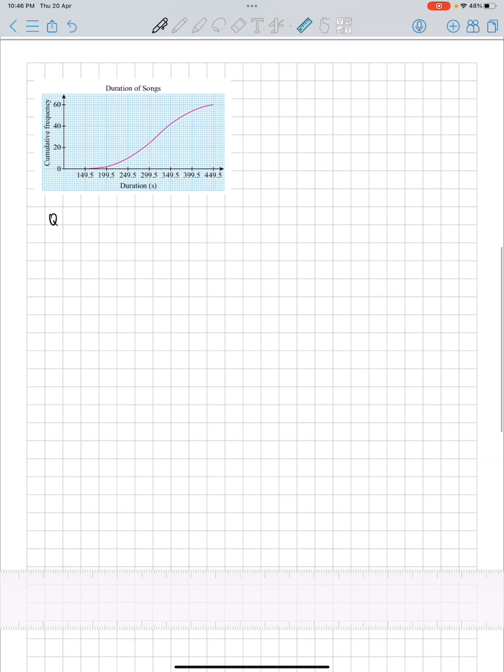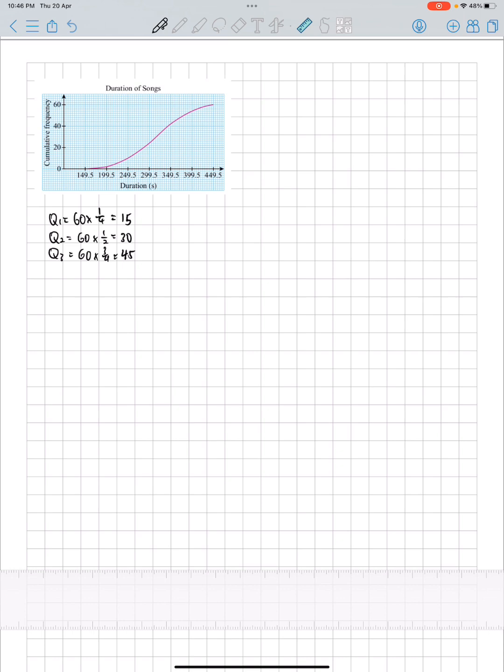So quartile 1 equals 60 times 1/4, which is 15. Quartile 2 is 60 times 1/2, which is 30. And quartile 3 will be 60 times 3/4, which is 45.